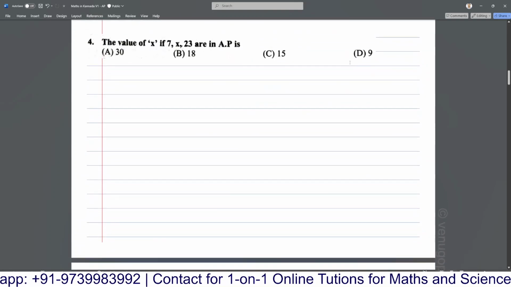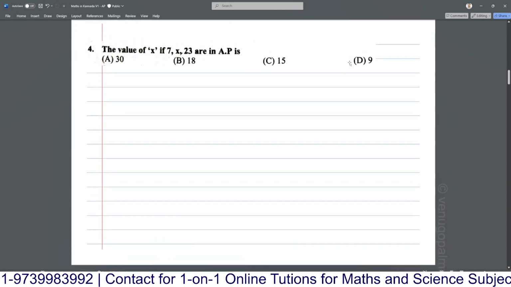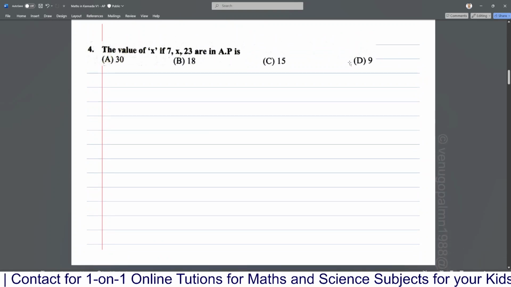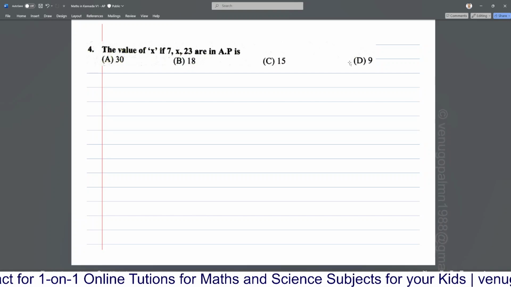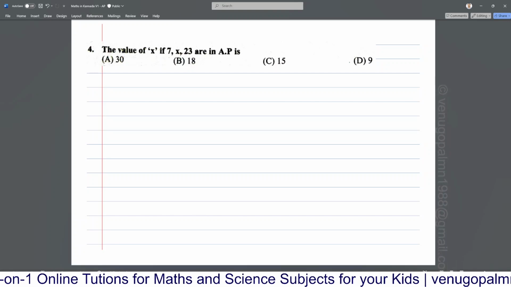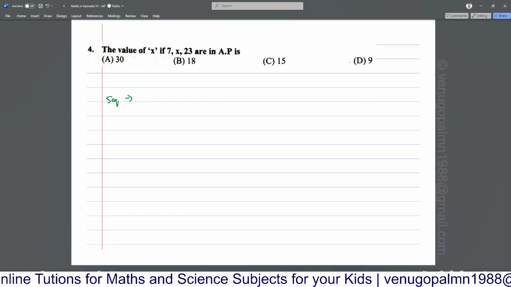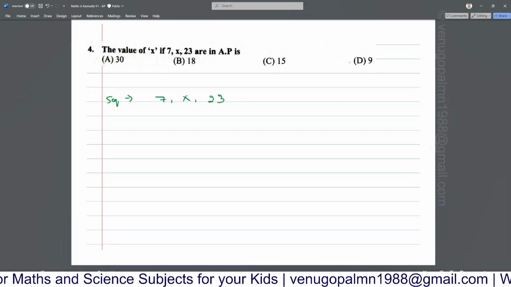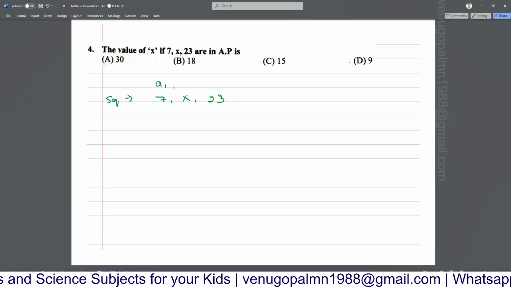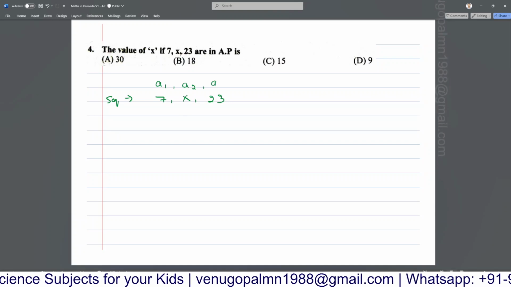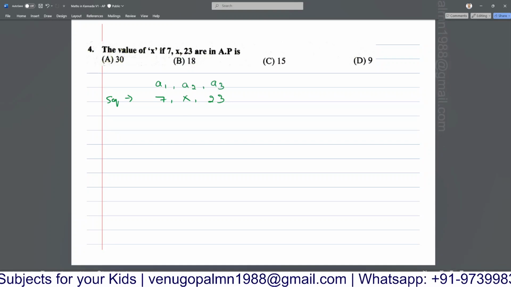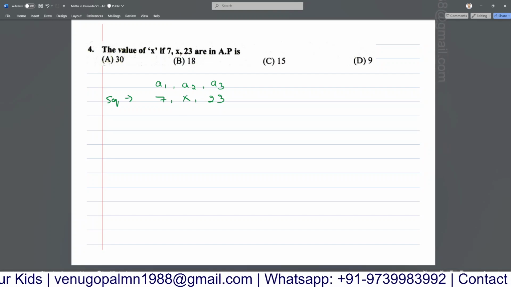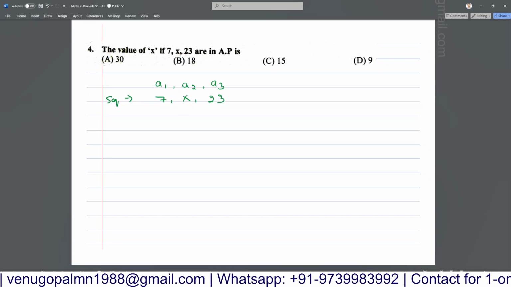So moving on with the next example, they have given the value of x. You have to find out the value of x in this particular sequence. So they have given a sequence. The sequence would be 7, x, 23. So what they have given? Three terms, a1, a2, a3. There are multiple ways you can find out the middle term.